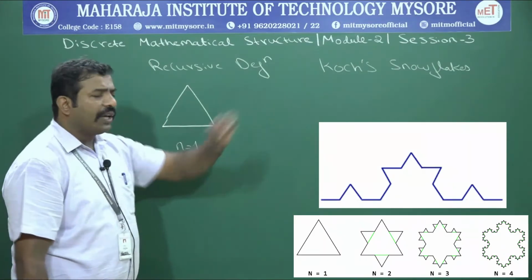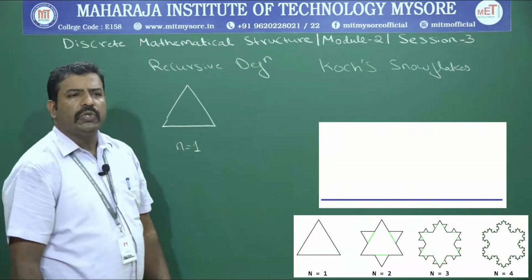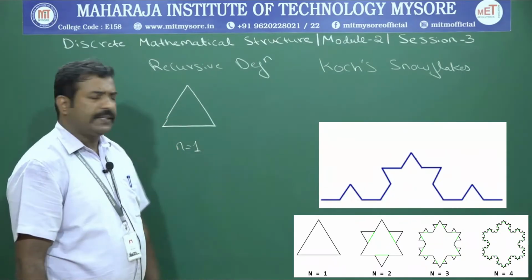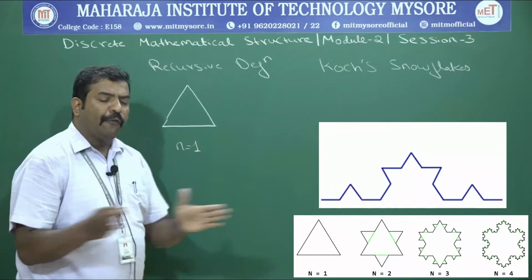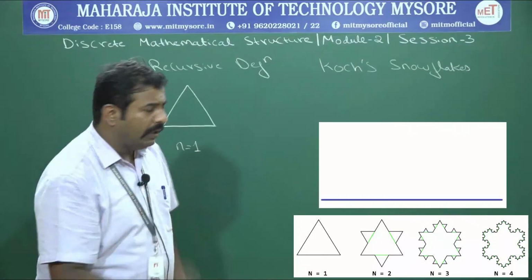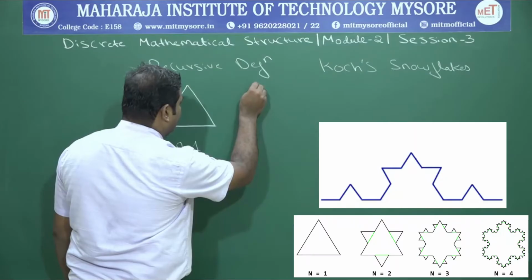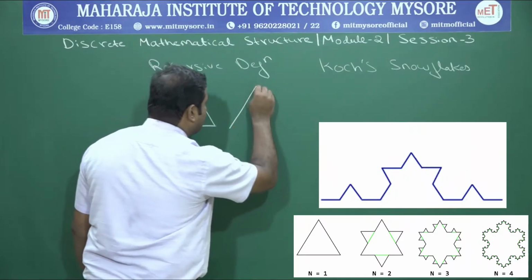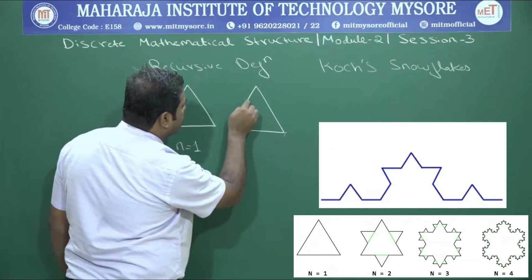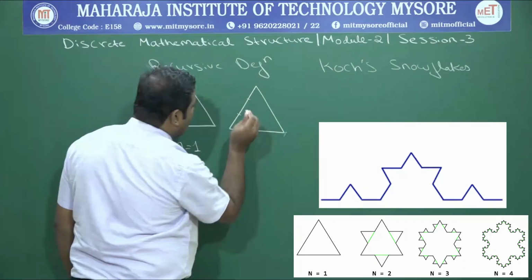Now what procedure am I going to use to create a snowflake? Whatever line segments I have to draw the triangle, each line segment I'm going to consider and divide into 3 equal parts, making it 4 equal line segments. So I take the same equilateral triangle, and each line segment I divide into 3 equal parts.